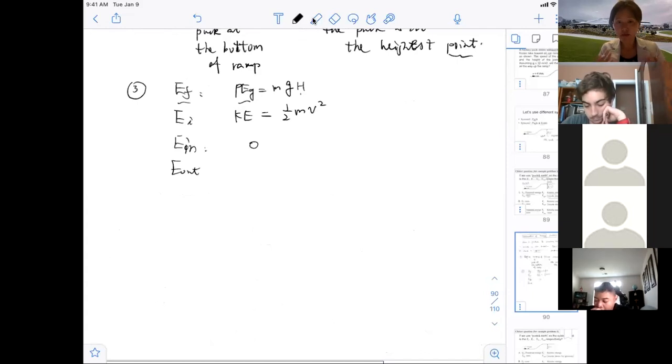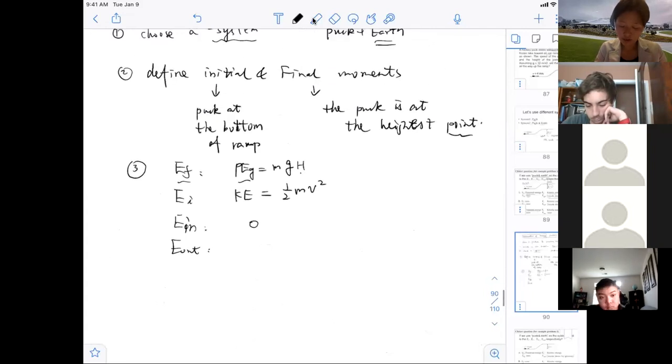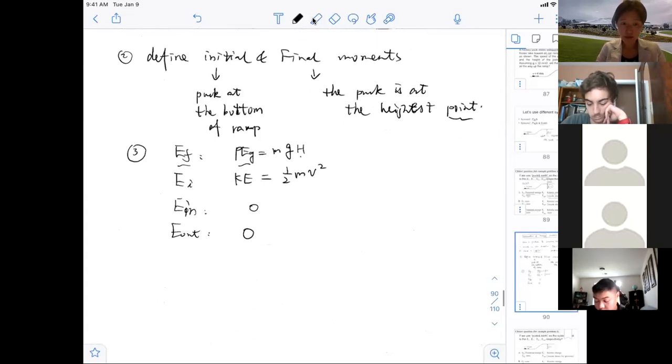Okay. Energy input is 0. Now for the puck, there are no other forces making it speed up, and Earth is already included. So right now here you should put 0. So now we are ready to solve the problem. The final step is to put everything into your energy equation and you can solve it. So let's see what the final answer is.